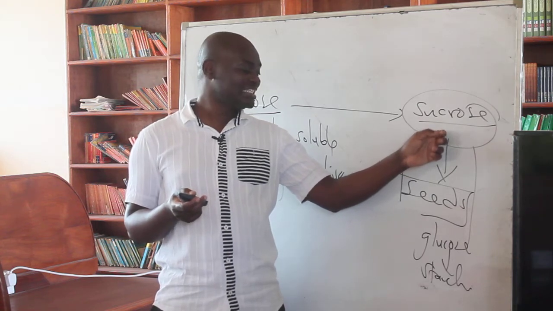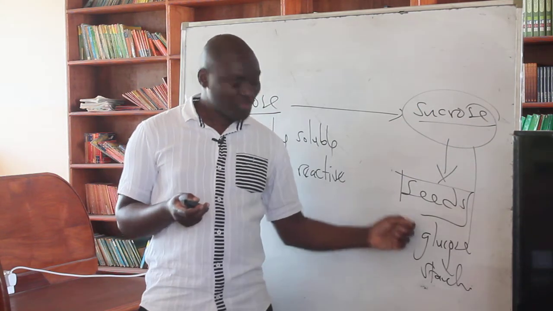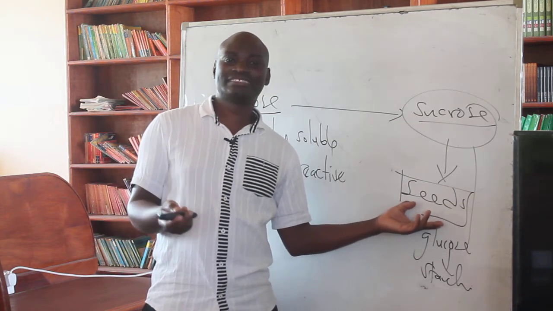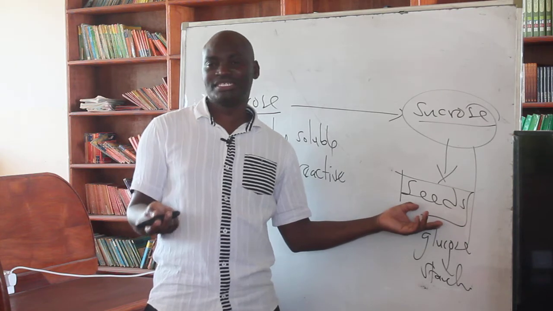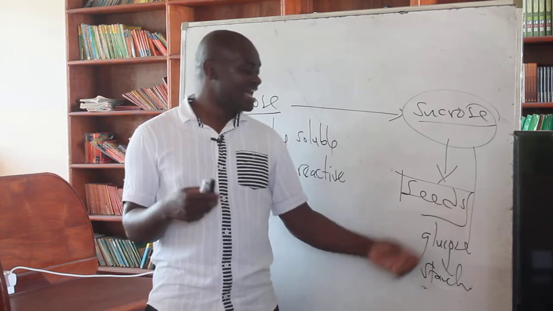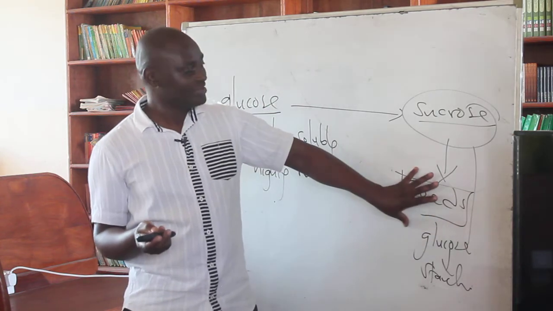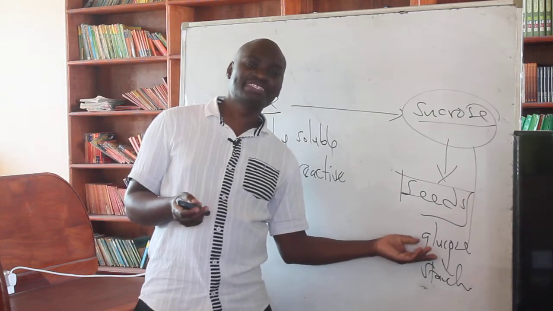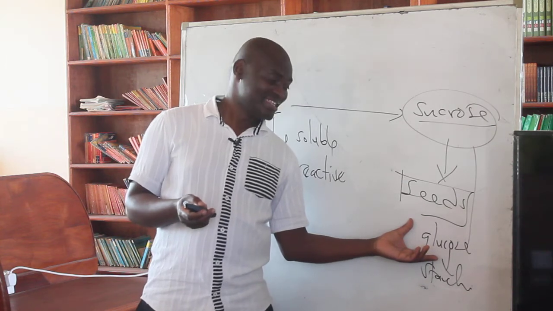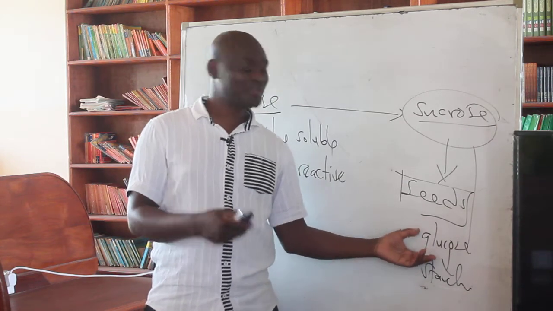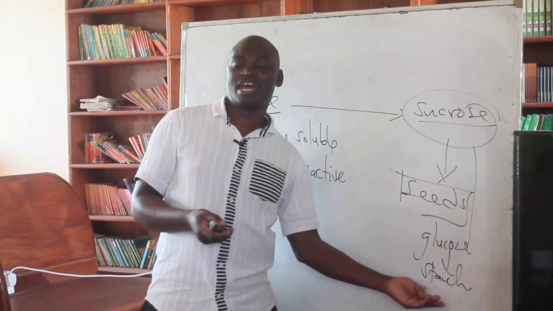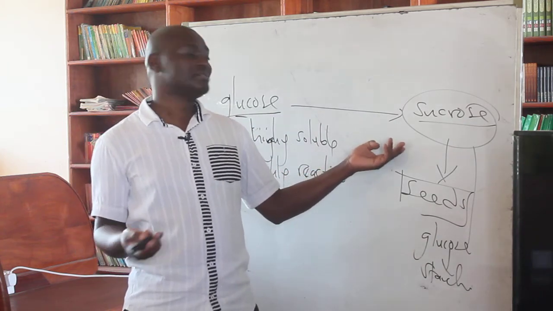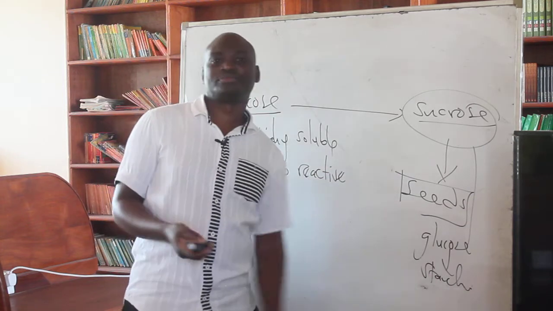The sucrose is then taken to the different parts of the plant: seeds, flowers, roots, stems, leaves, and then reaching there, it is converted to glucose. After being converted to glucose, that glucose will finally be converted back to starch, and it is stored. That's why when you take seeds like maize, beans, you are taking starch.